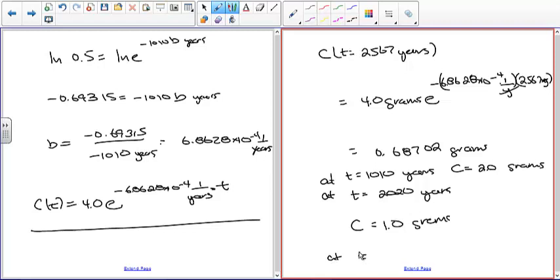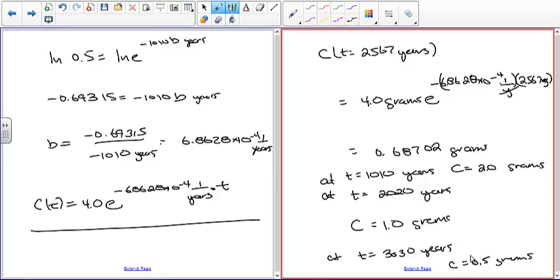So at 3,030 years, C should be equal to 0.5 grams. And you can see that that makes sense too, because this 2,567 is between 2,000 and 3,000, and this quantity here is between 1 and 0.5.